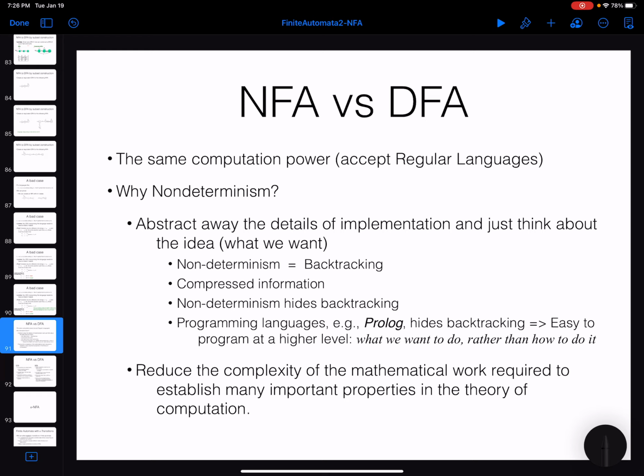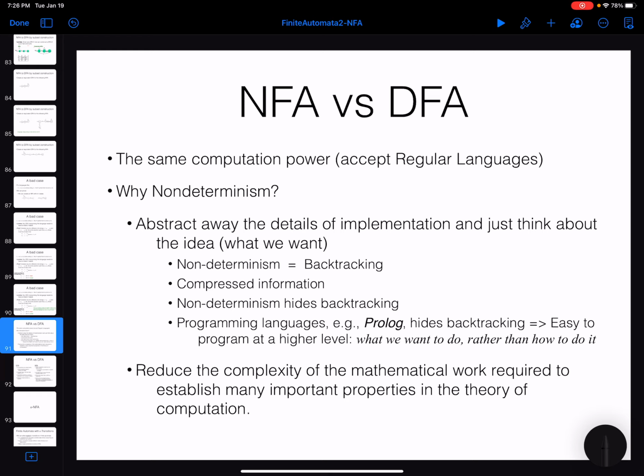It's like you are abstracting away all the details of the computation and saying, okay, this is what I want. This is the pattern that I want. But unlike that, when you are designing a DFA, you are designing the full machine that tells you what would happen in all of the possible situations.